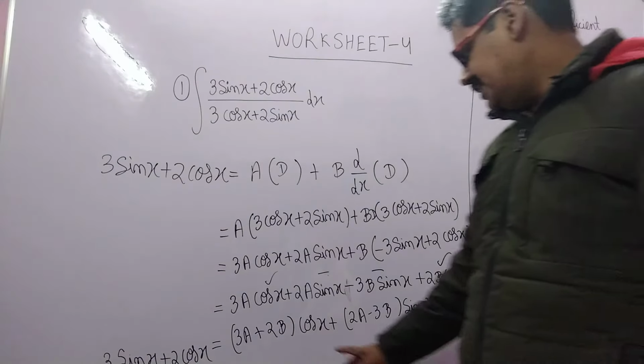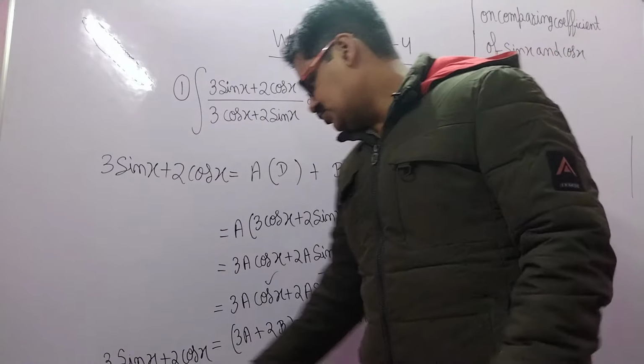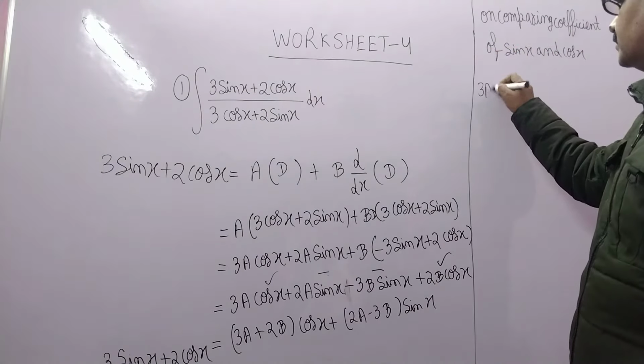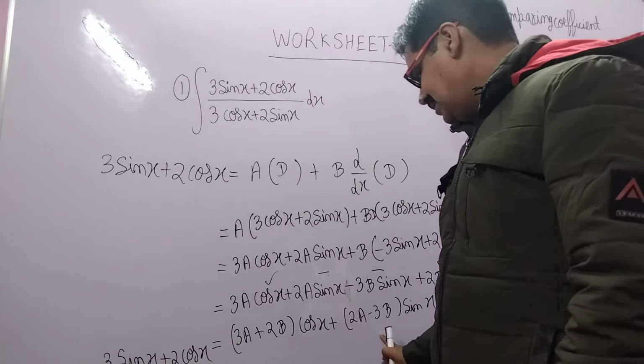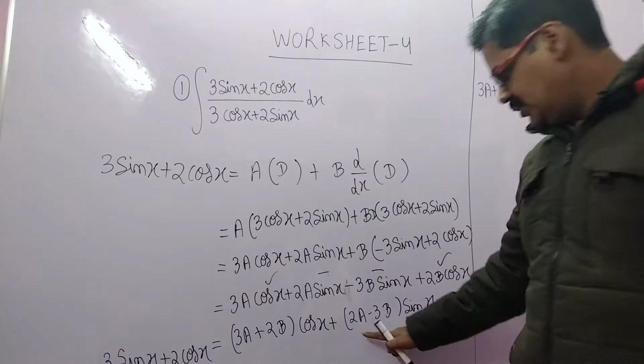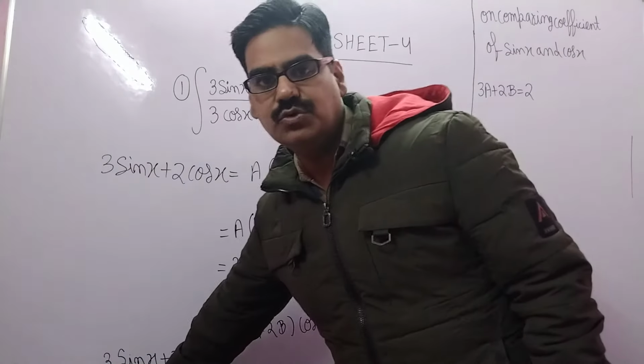On comparing coefficient of cos x, we get 3a plus 2b equals 2. And on comparing coefficient of sin x, we get 2a minus 3b equals 3.